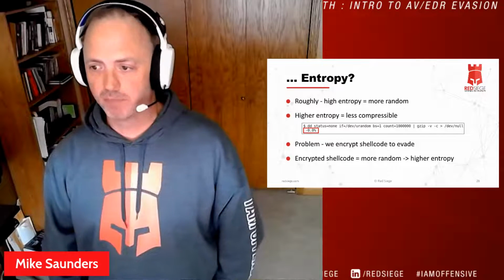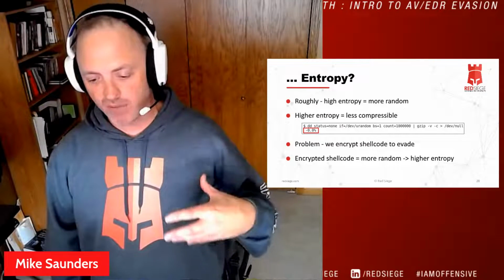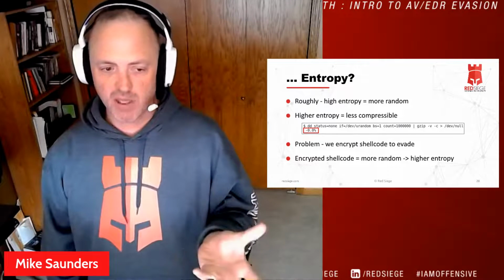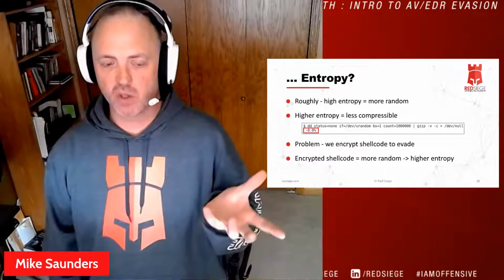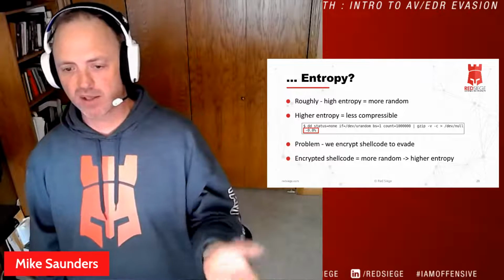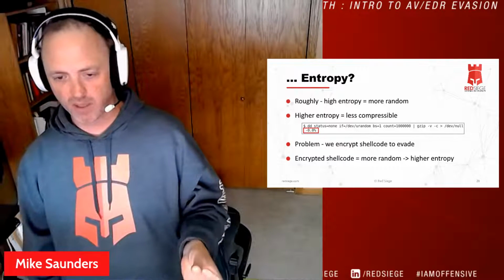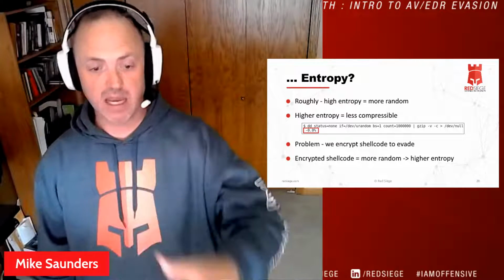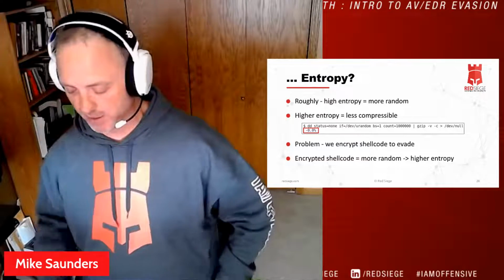It is more random. And as a result of having more random data, because we used encryption, the entropy in that binary is higher. And if something is looking at entropy as a means of deciding something is trustworthy, then that could end up being a tell. Hey, there's a lot of randomness in here.